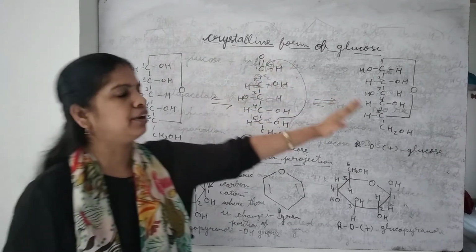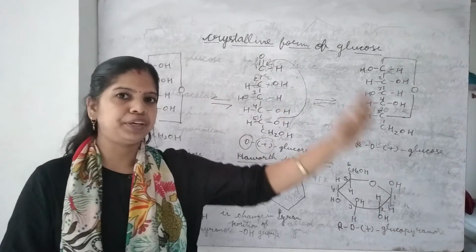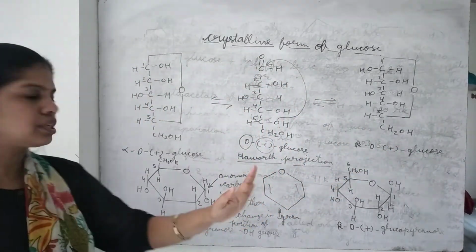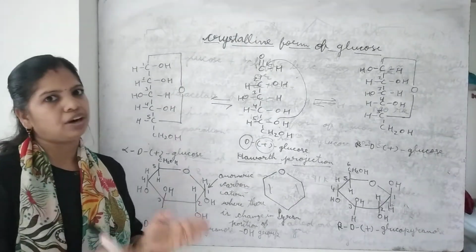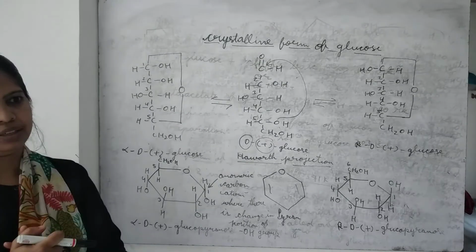They are called anomers. Alpha and beta forms are called anomers, and where there is change in position of OH group, it is called anomeric carbon atom.